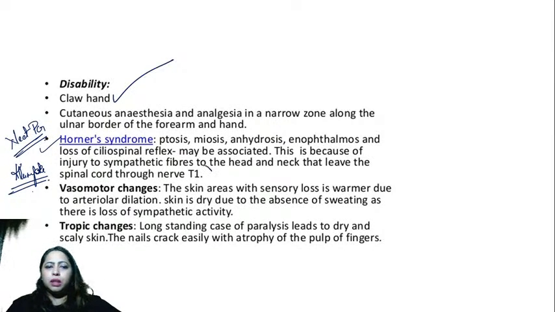Because of the involvement of the T1 root. Because of this, sympathetic fibers to the head and neck are injured, which leave the spinal cord through T1. So it's from T1 you have sympathetic fibers coming.